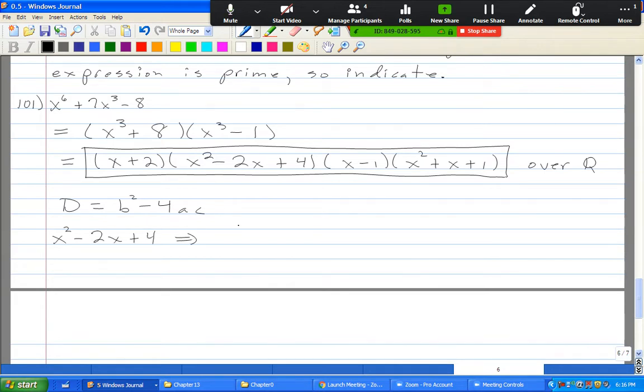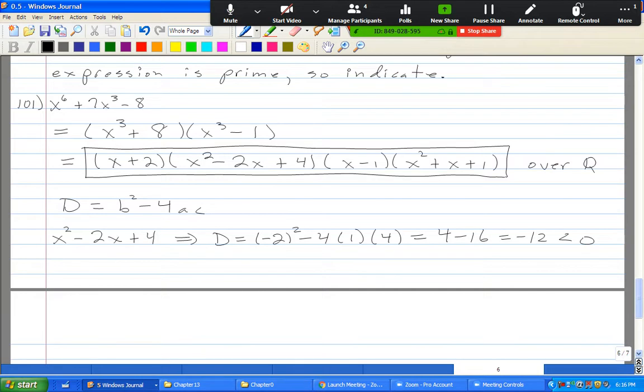In this case, b is negative 2, a is 1, and c is 4. So this is 4 minus 16, negative 12. Again, this is less than 0.